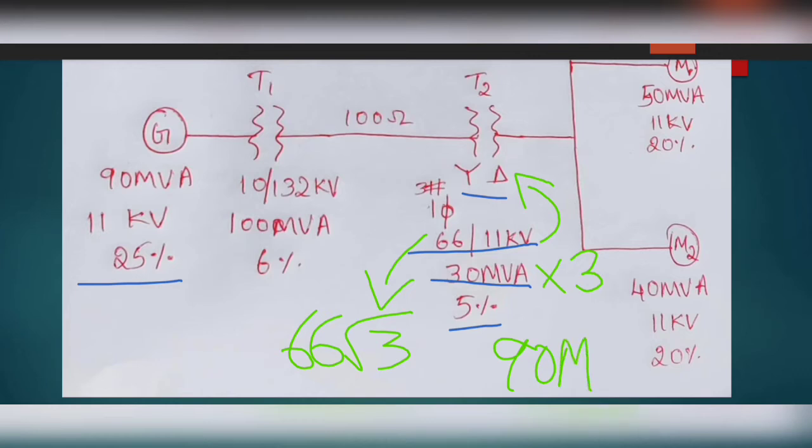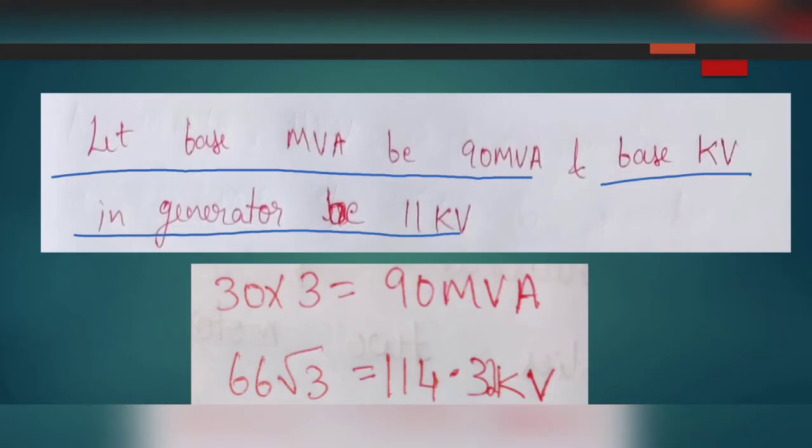This is the detail we need to consider for transformer T2. 66 root 3 is 114.32 kilovolt.